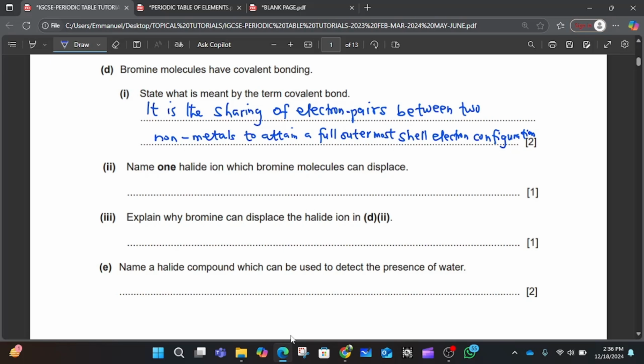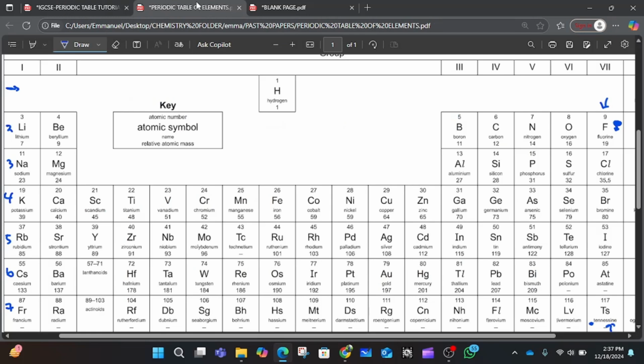II. Name one halide ion which bromine molecules can displace. For bromine to displace a halide ion, it means that bromine must be more reactive than that halide ion. If bromine is found above any halogen in the periodic table, it means that bromine is more reactive than that halogen.